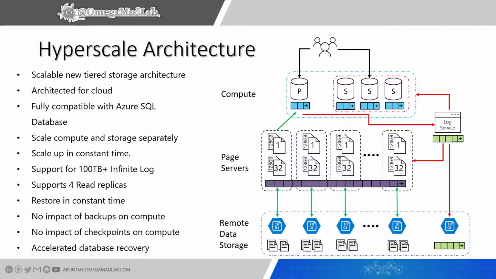Now, since the remote data storage is highly scalable and highly resilient but does not have so much performance, normally you go through a row of page servers that act as an SSD cache layer for your requests to speed up the whole thing.